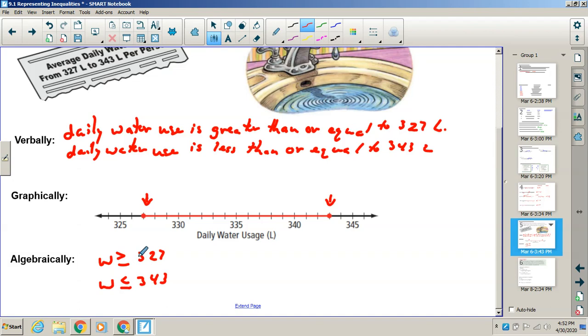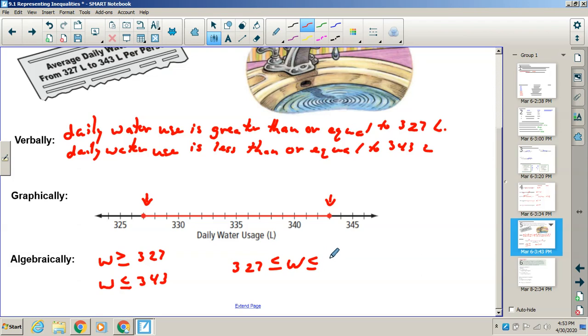So we can write that combination of inequalities as two separate inequalities. That's perfectly fine. The way that they do this a little more in Math 10 is they write it all in one line. So they put the variable for water usage in the middle, and then they'll put this inequality on the left side and this inequality on the right side. And again, always read from the variable. So if I want to write water use is greater than or equal to 327 from the variable, this is greater than or equal to 327, and then less than or equal to 343.